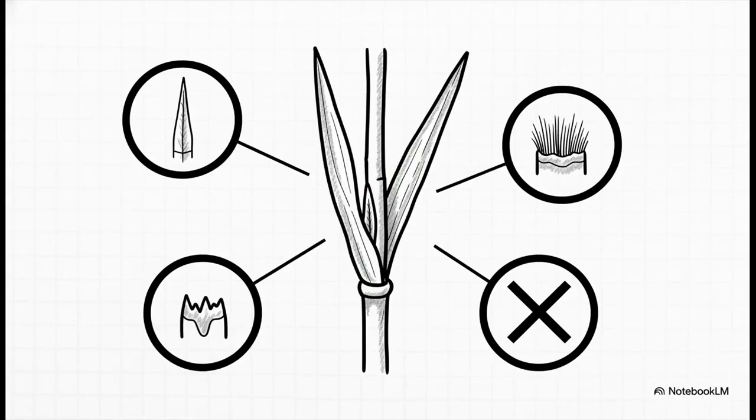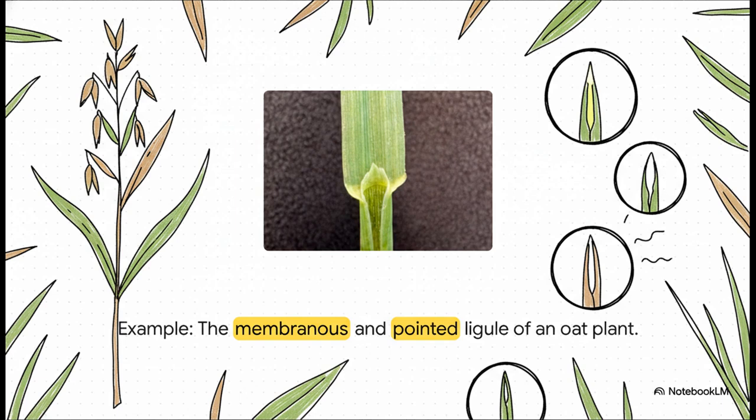The ligule alone can tell you so much. It's not just one thing. It comes in this incredible variety of shapes and textures. Let's just look at a few examples, and you'll see how this one tiny feature can completely crack a case. Okay, for example, take a look at this oat plant. See that? The ligule is this thin, clear, pointed membrane.